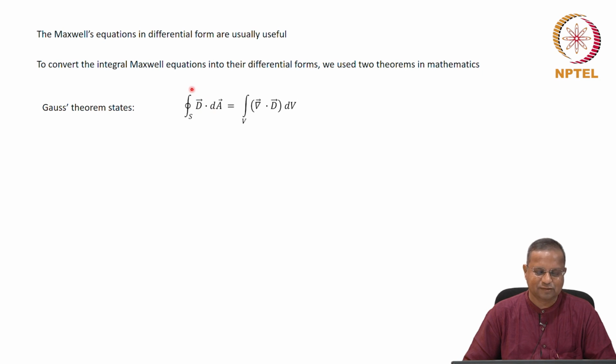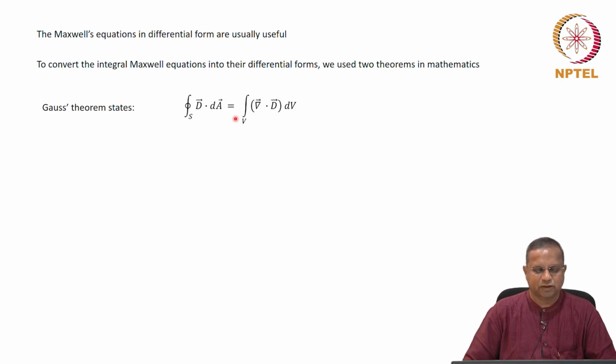Gauss's theorem states that the surface integral over a closed surface of a certain quantity, let us say a vector D dot dA, where dA is the differential area vector, equals the volume integral of del dot D dV.